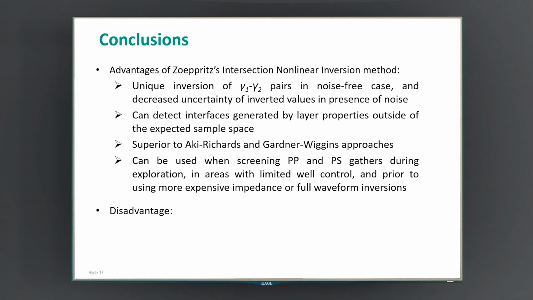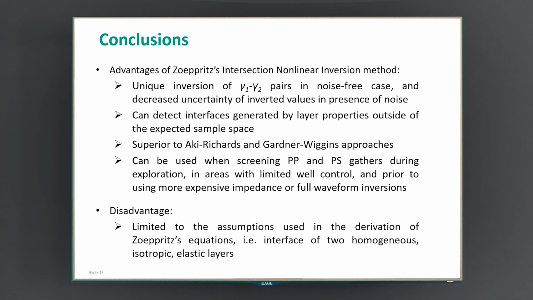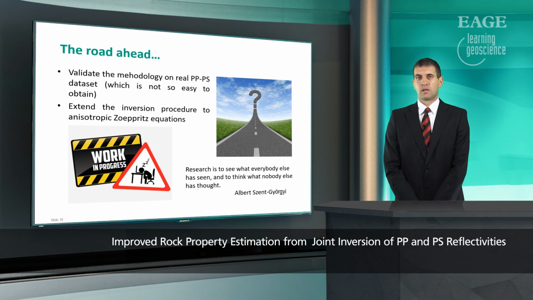Disadvantage is that it is limited to the assumption used in the derivation of Zoeppritz equations. In other words, plane wave hitting a planar welded interface of two homogeneous, isotropic, semi-infinite elastic layers. This research, as any other, is far from finished and could be branching in many directions.